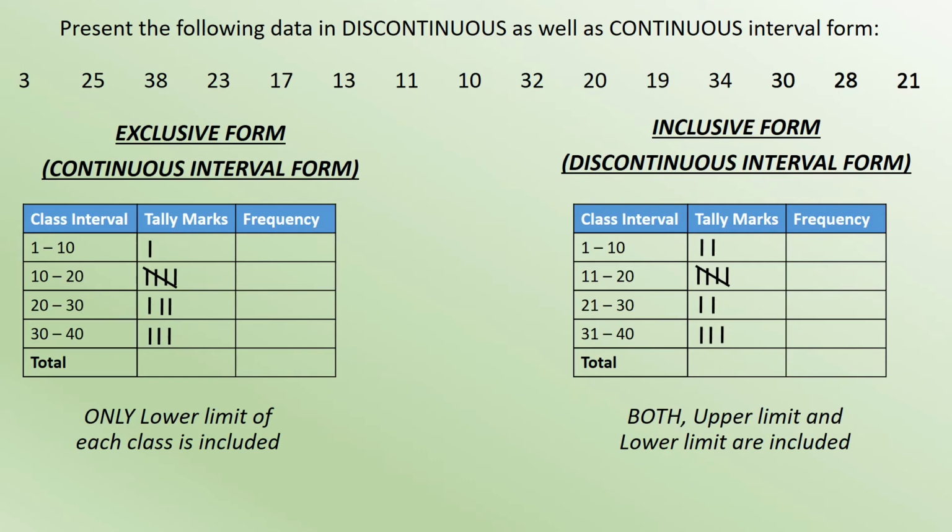I am sure you must have guessed where the 30 tallymark must be done for exclusive form as well as for inclusive form. Yes, exclusive form belongs to the class interval 30 to 40, and for inclusive form it belongs to the class interval 21 to 30.